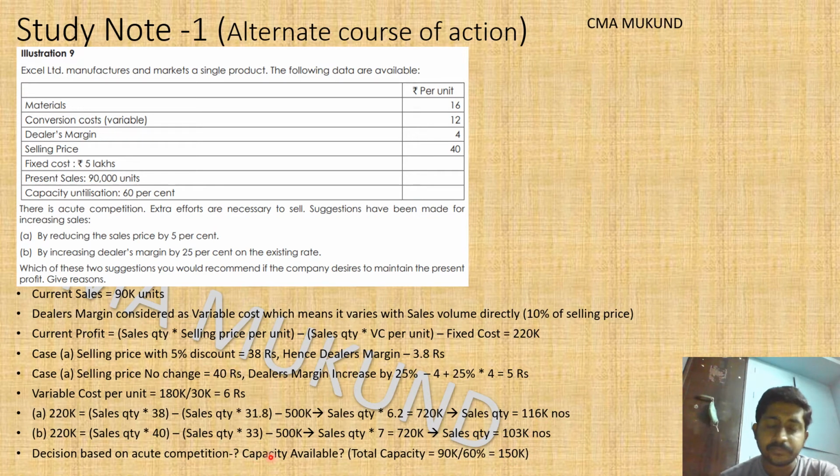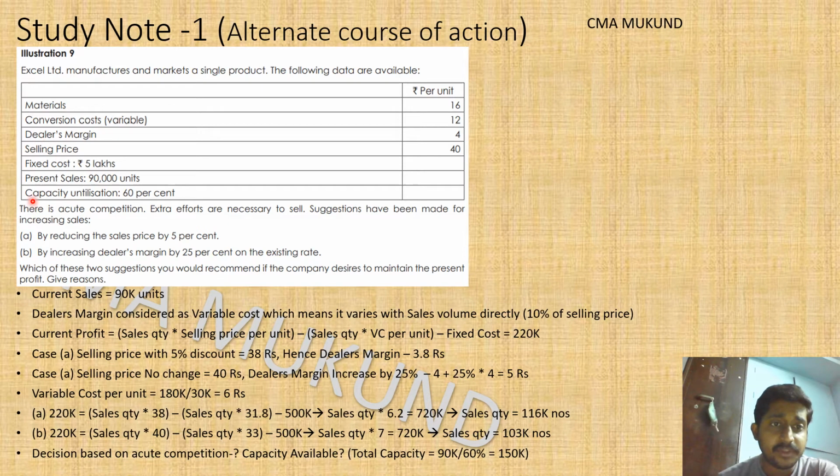This is information I just added over and above, while printing your question paper. If our institute prints capacity utilization as 90 percent instead of 60, there is a twist in the question. You have to answer it differently. In that case, the sales quantity may be higher than the capacity, which means it is not possible, so you have to skip one of the suggestions.